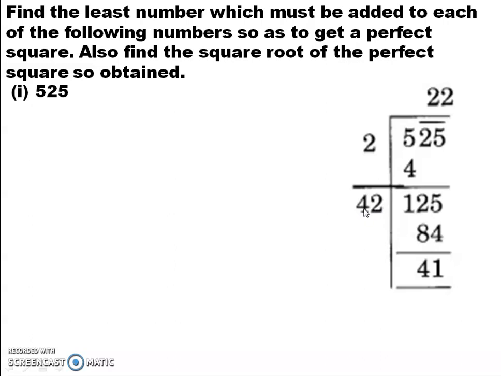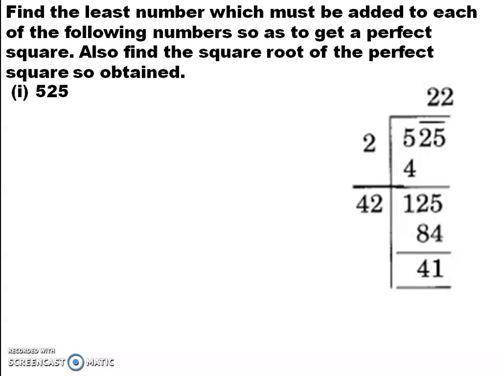Now, you will get 42 into 2 as 84. You will stop it there because 43 into 3 is 129. So, you will choose 2. 42 into 2 is equal to 84.